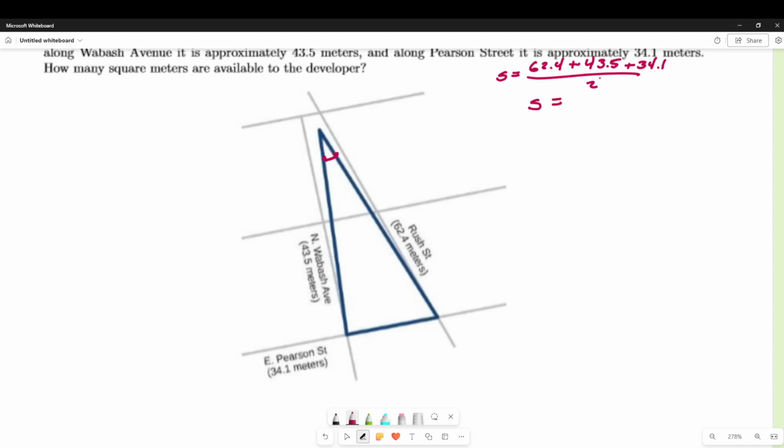Oh yeah, that adds to a nice whole. Okay, fine. They're trying to give us nice numbers, I guess. So that's the semi-perimeter. If you're curious why S, it's the semi-perimeter, half perimeter. And then the square root of 70, and then 70 minus each of the lengths.